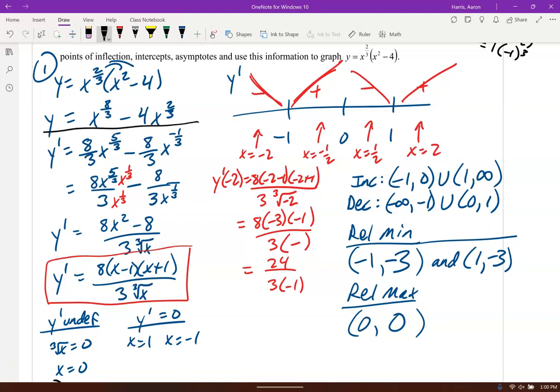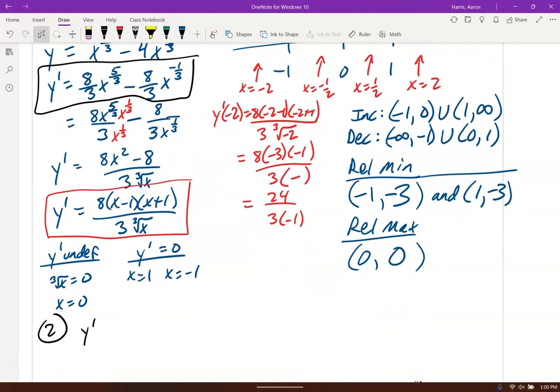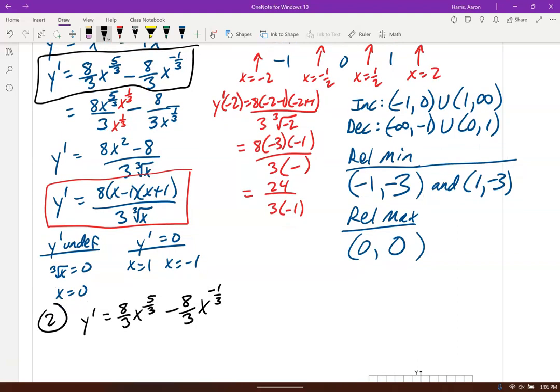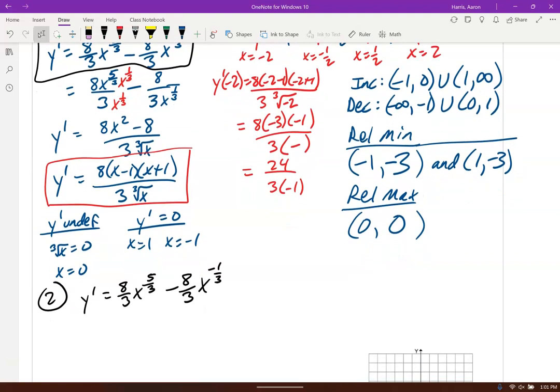I'm going to take it in this form, because then I could just run the power rule. So 8/3 x to the 5/3 minus 8/3 x to the -1/3, right? Before I manipulated it algebraically to find my critical point. So I'd take it right there.